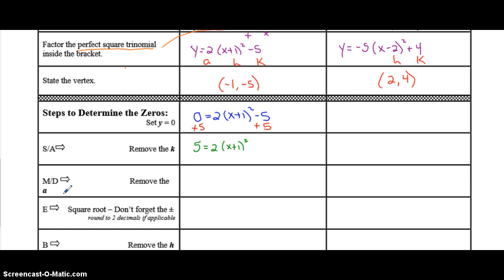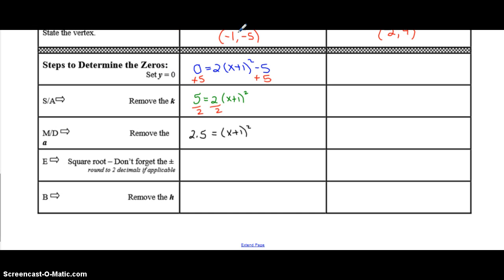Alright, next step is to remove the a. So the a is being multiplied, so we're going to divide both sides by 2. And that will give you 2.5 equals x plus 1 squared. Next step is to square root, and remember when you square root, you've got the positive square root and you've got the negative square root.